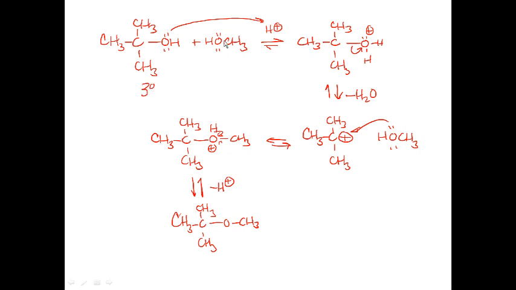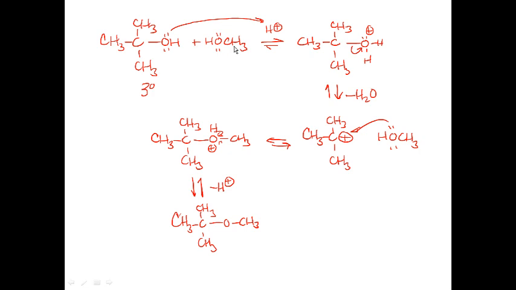And you might say, well, could I protonate the primary, and this isn't even a primary alcohol, this is a methyl alcohol. Could I protonate that and then have this alcohol attack and do this as an SN2 reaction?